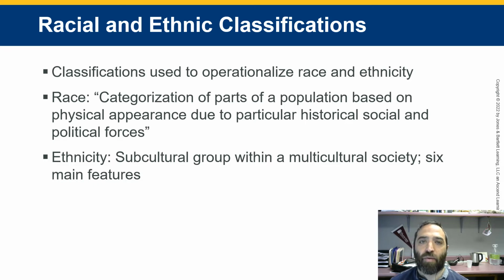Let's talk about race and ethnic classifications. These are used to group large numbers of people together, and realize that they are flexible. They've changed throughout time based upon political issues and social issues. So just because today an Irish person would be considered white doesn't mean that in the past they were considered white.